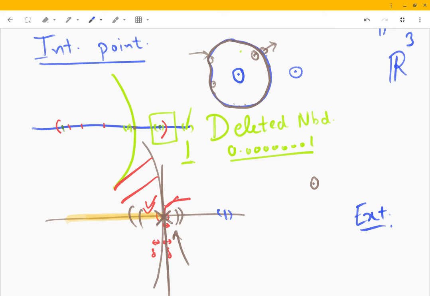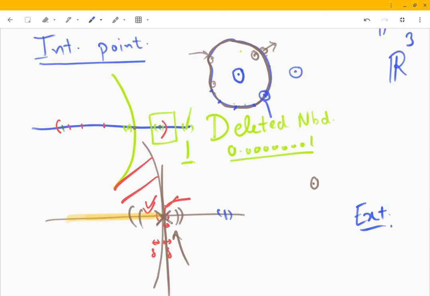I hope it is pretty obvious that the points lying on the extreme edges, the so-called boundary, have some of their neighborhood inside the set and some of it outside the set.